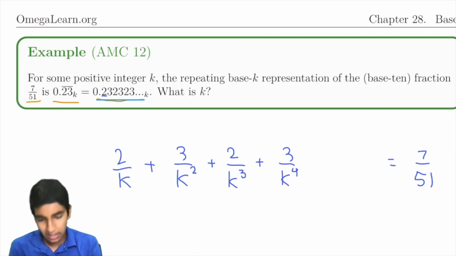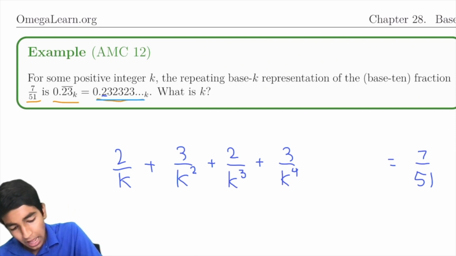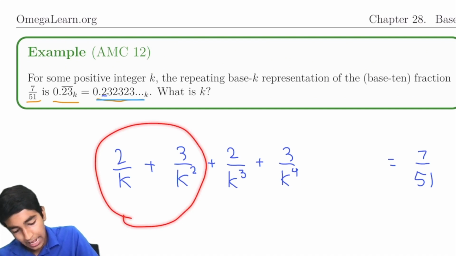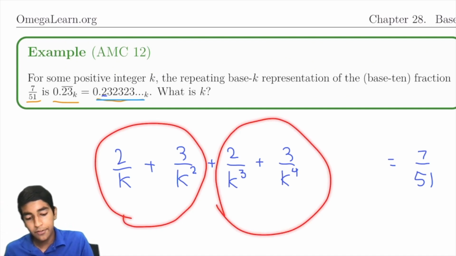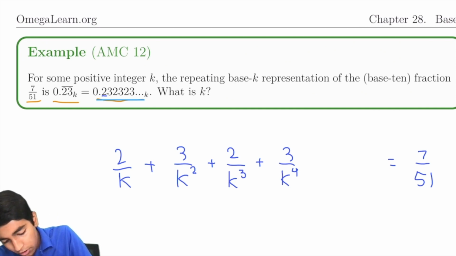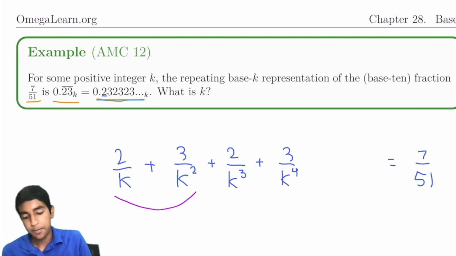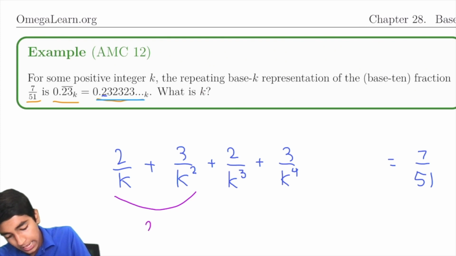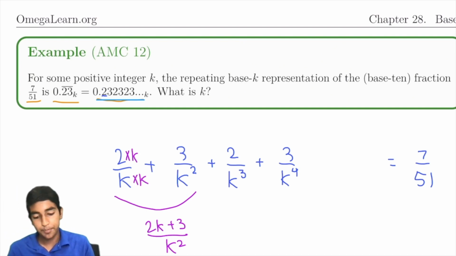Well, the key thing here is it repeats. Notice how these two terms are the exact same, except that they are divided by k squared. So let's write this as, first of all, let's find a common denominator. This becomes 2k plus 3 over k squared, because we multiply by k to the top and bottom.